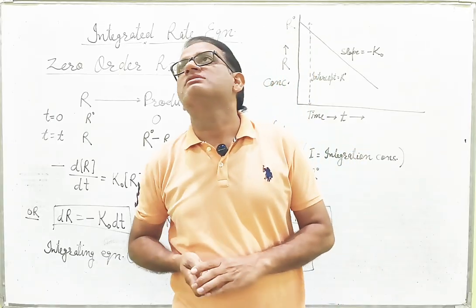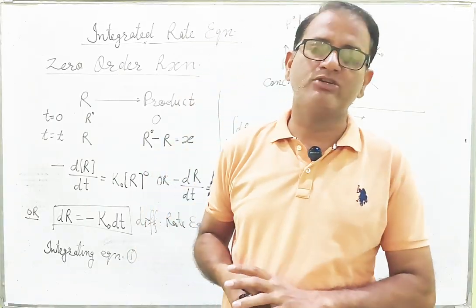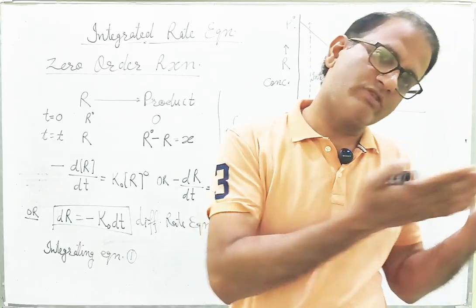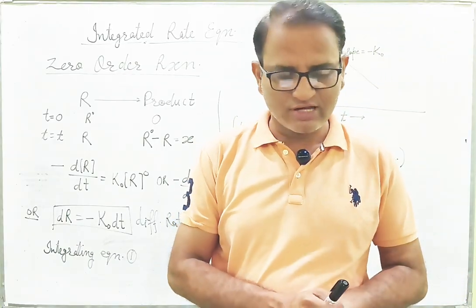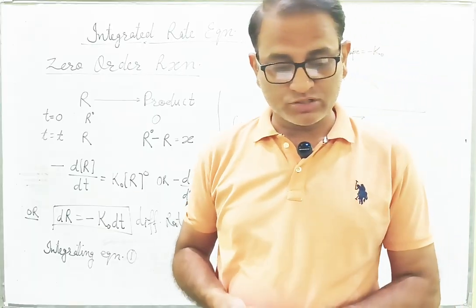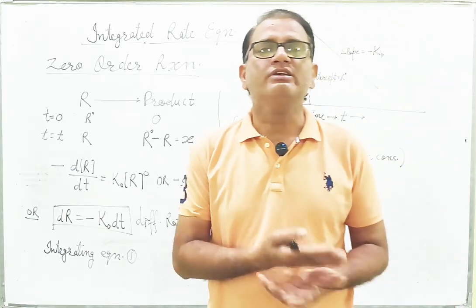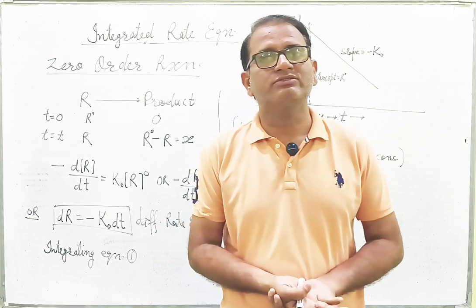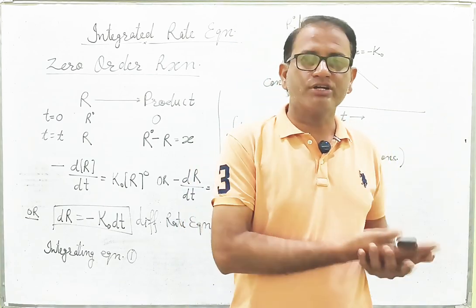Or in which the rate of reaction will not vary with change in concentration of reactant. Or what we can say, the rate is proportional to zero power of the concentration of reactant. So that is what is called a zero order reaction.